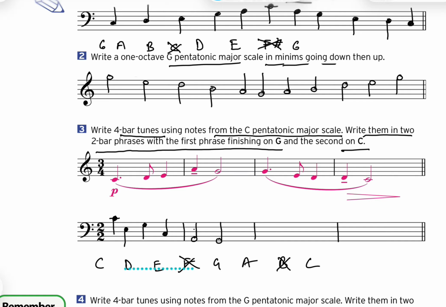Okay, because we have to finish the first phrase on G. For the second one, let's start on D. Let's make D here. Then let's go to C. Let's go to E. No, let's go back to D here. And after that, let's make a G and then finish back on C here.